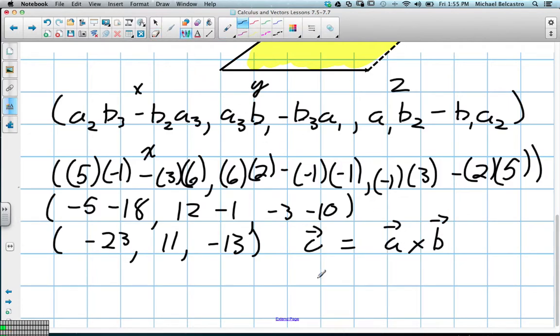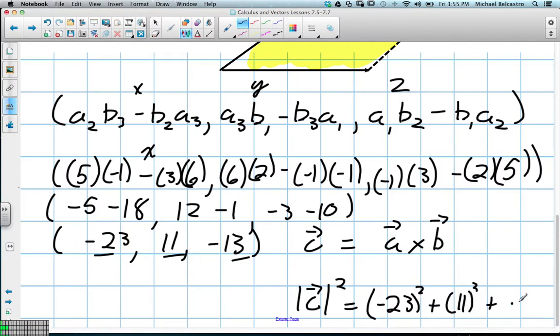So to find the magnitude of vector C squared, okay, we're just going to square each of these values. We've done this in several questions before. So 23 squared plus 11 squared plus -13 squared.